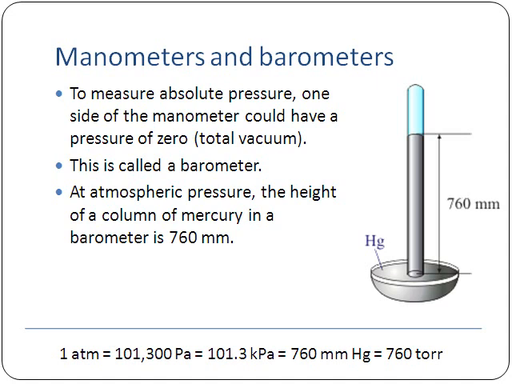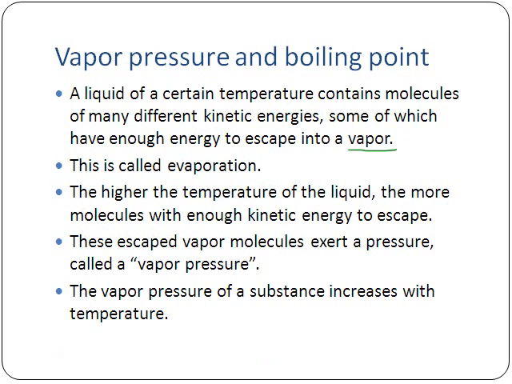But like any average, there are some variations. If I have it at 20 degrees, that's my temperature, so that's my average kinetic energy. What that means is I'm going to have some molecules that are cooler than 20 degrees, and some molecules that are warmer than 20 degrees. Of those that are warmer, some are moving fast enough that they can manage to escape the liquid and turn into a vapor.